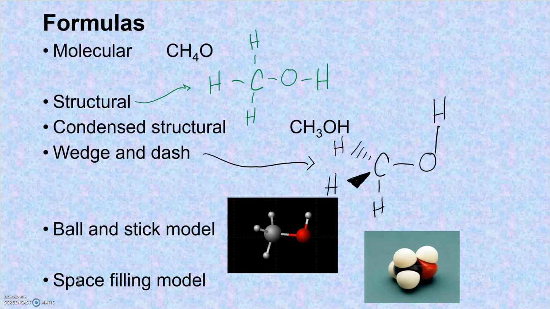One being the wedge and dash, where the wedge and dash represent that they're going either into the plane of the paper or out of the plane of the paper, with the regular bonds just being in the plane. The ball and stick model you'll see in computers, and that's really nice. You can usually rotate these around. And lastly is the space filling model, which is probably the most accurate representation of the actual molecule.